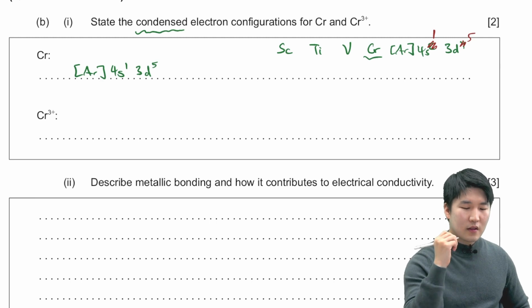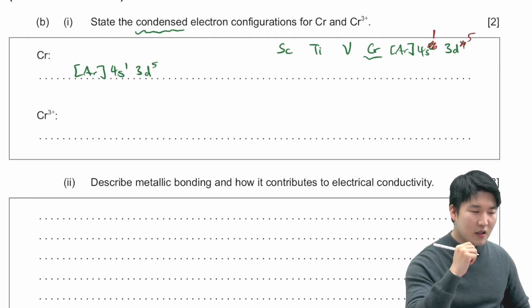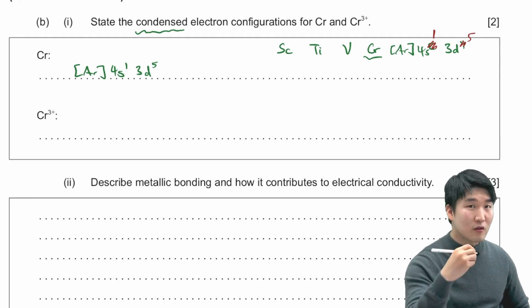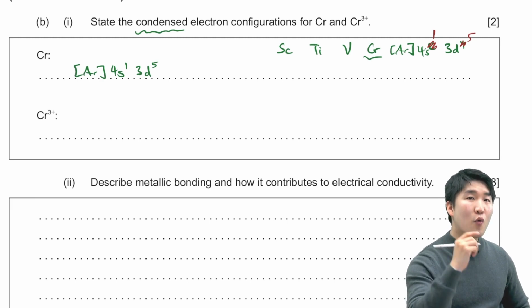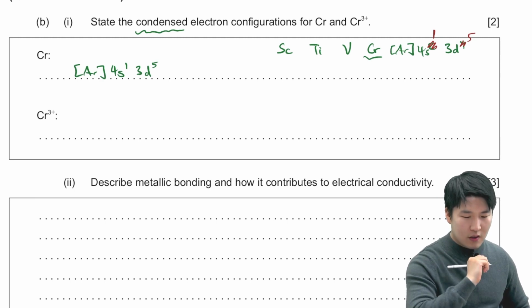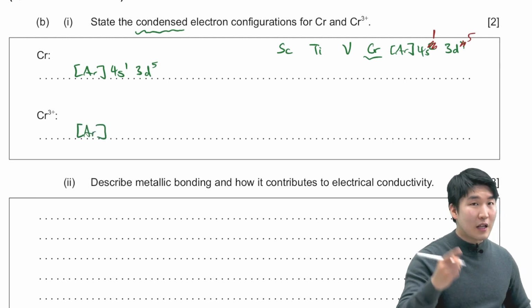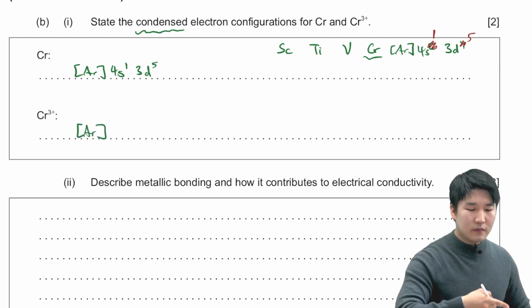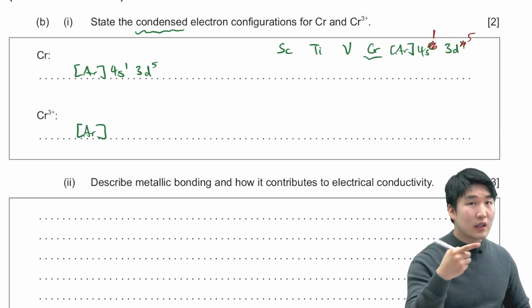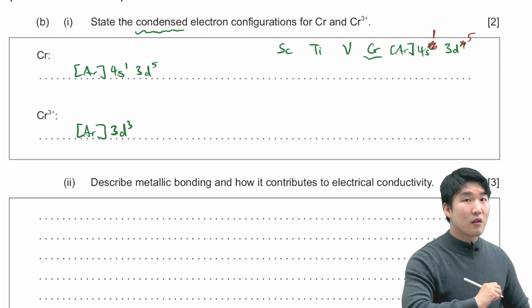But remember, occupied 4s has higher energy than occupied 3d, meaning 4s electron or electrons will be removed first when undergoing ionization. So we will end up with Ar. Let's remove 4s1. Then let's remove 3d2, leaving us with 3d3.